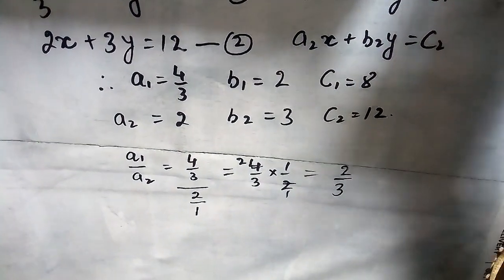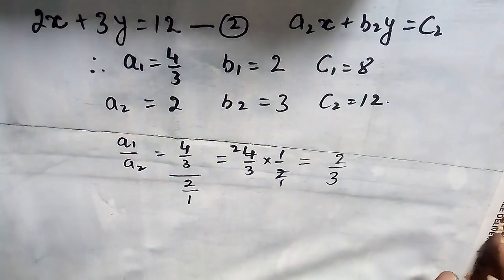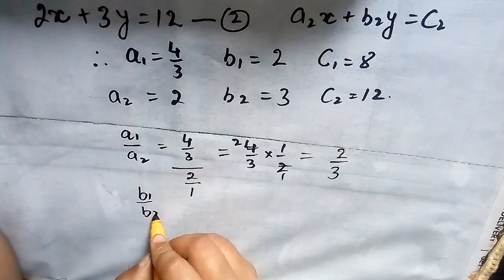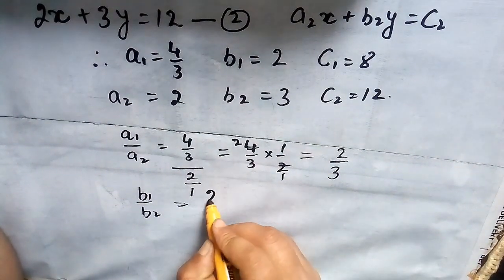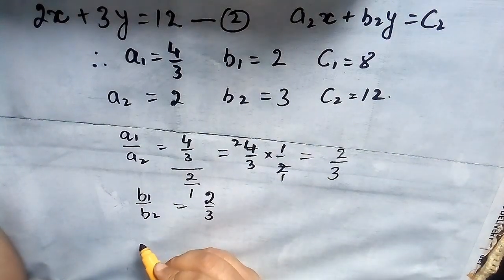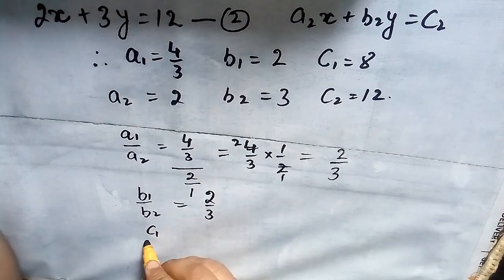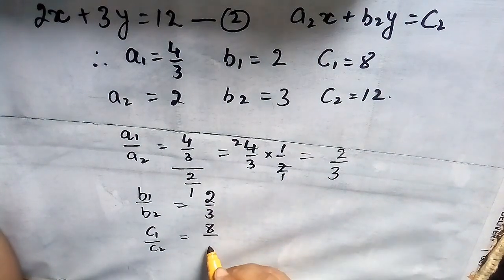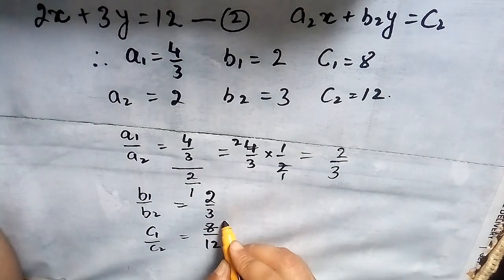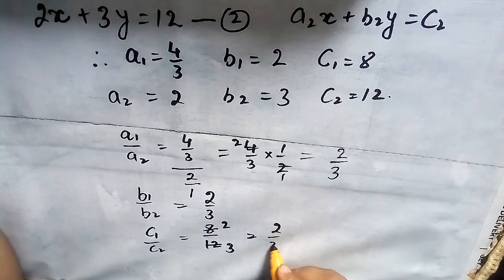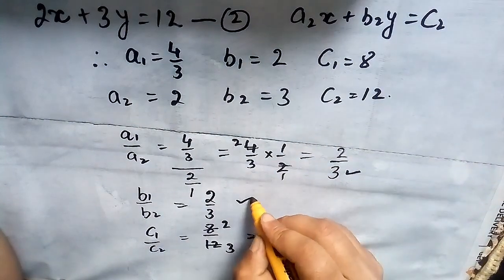Now in the same way we have to find b1 upon b2, which will be equal to 2 upon 3, already in standard form. So c1 upon c2 will be equal to 8 upon 12 and you know the highest common factor is 4. So 4 2s are 8 and 4 3s are 12 and it will be equal to 2 upon 3.